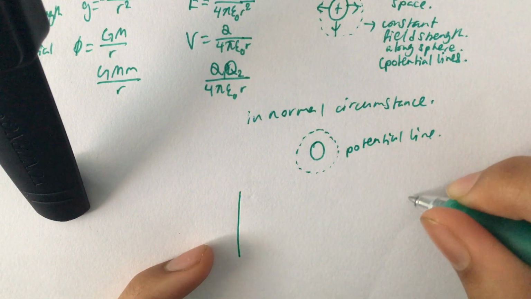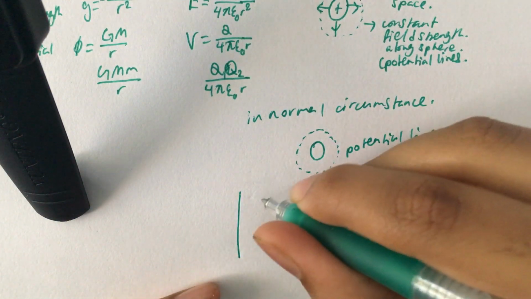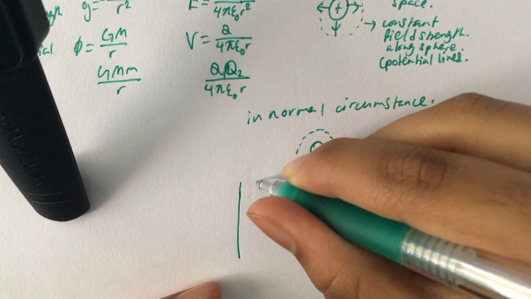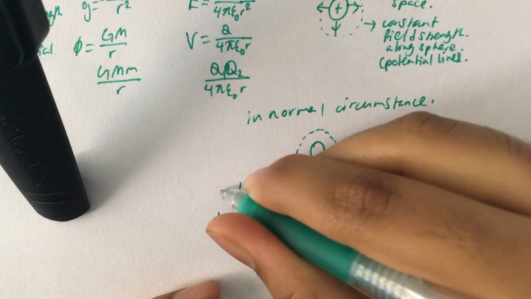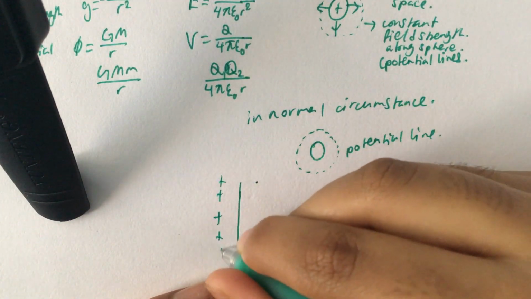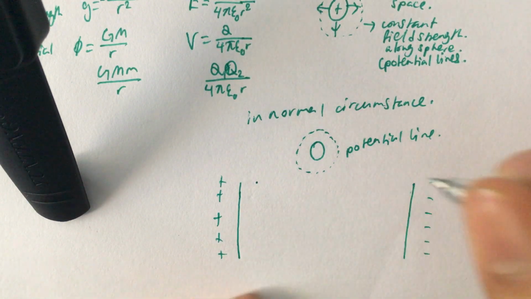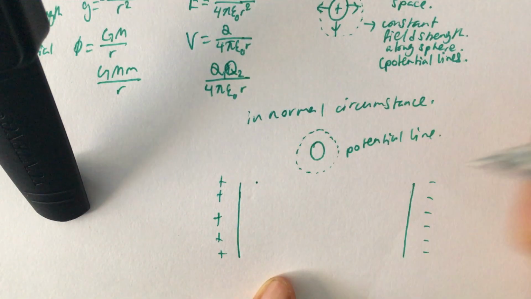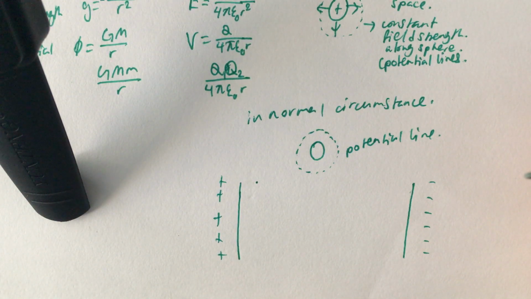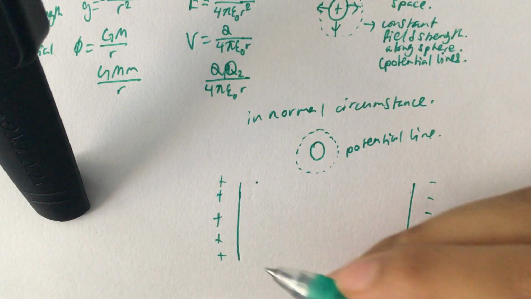One side is positive and one side is negative. You get a fairly uniform field, though it is more uniform in the center of the plates compared to the edges.